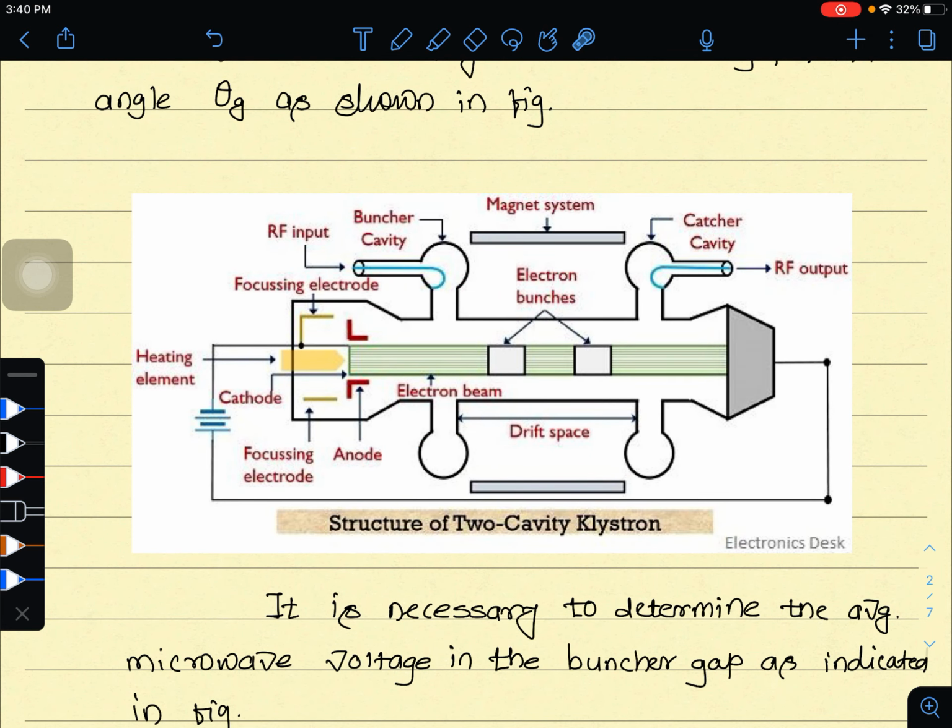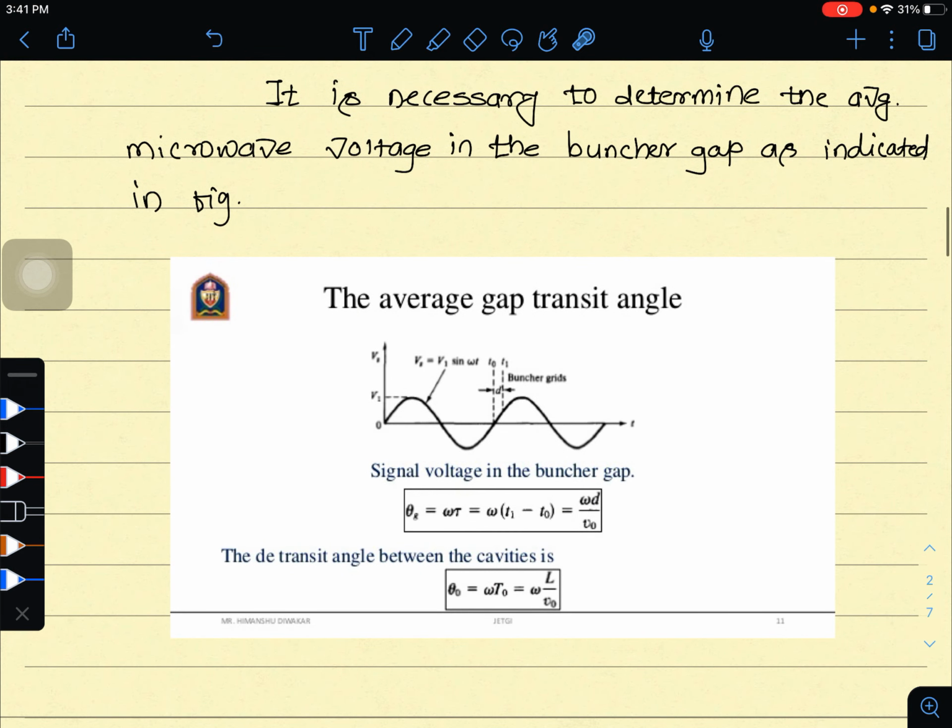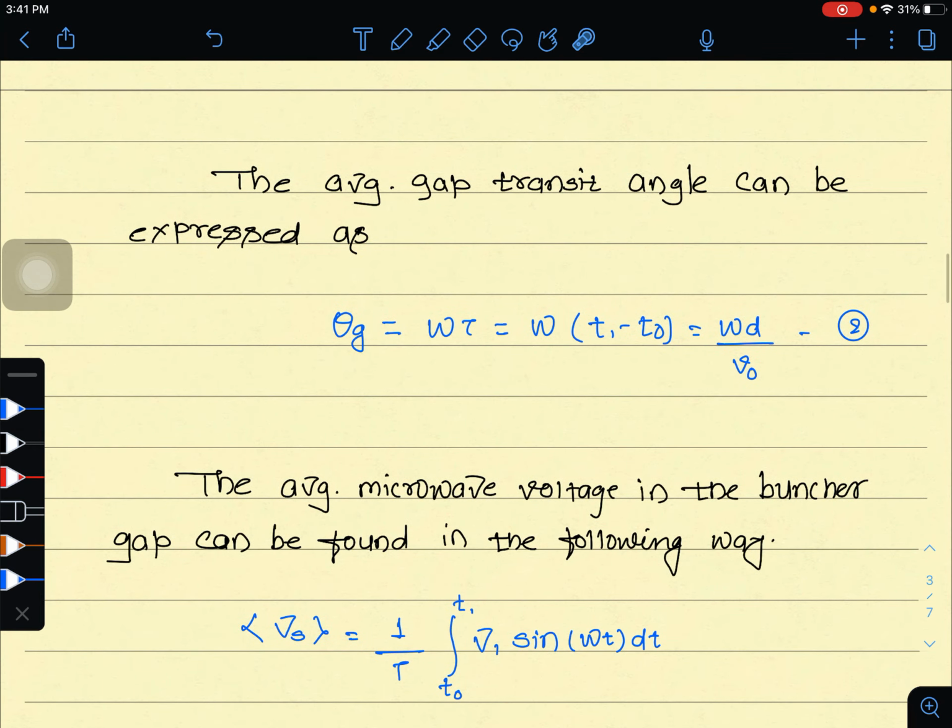In case we need to determine the average microwave voltage, that is, the voltage in the buncher gap, look at the diagram. It shows the buncher grids, and the wave is V1 sine of omega t. Now what is the angle?